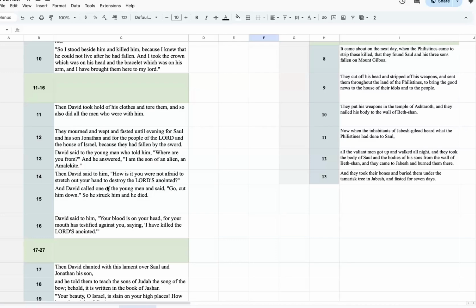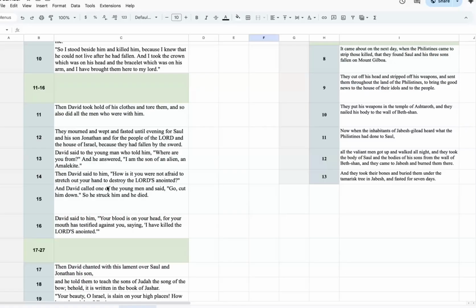But how would we sum up verses 11 through 16? I just said David has the Amalekite killed. I have David has the Amalekite struck down because he killed the Lord's anointed.